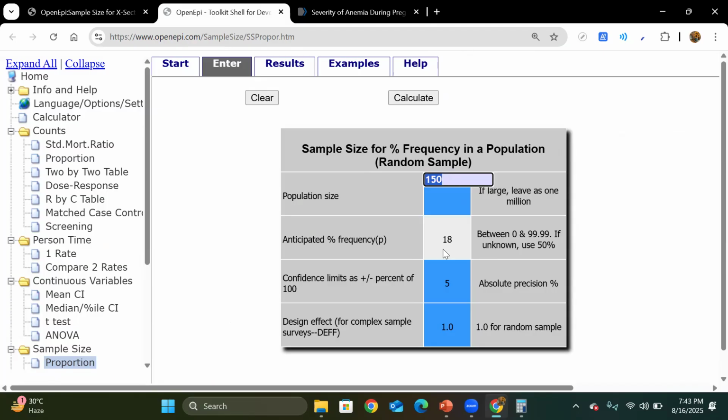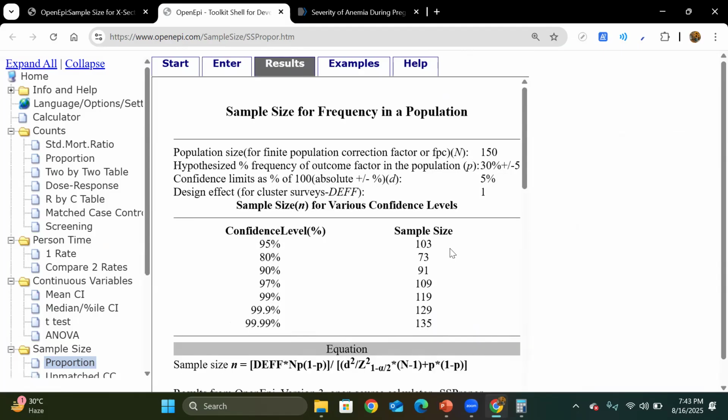For the prevalence, I would again find my parent article, and the anticipated frequency is around 30% of patients having diabetes. I calculate it, and it says you should collect data from around 103 people to represent this population. So that was using OpenEpi. Next, we will discuss the Cochrane calculator.